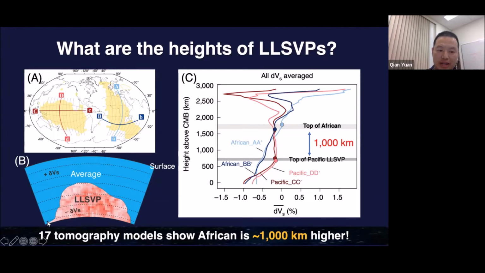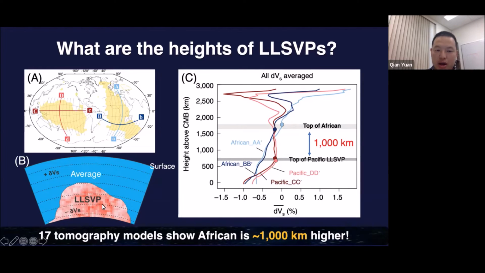So if you simply take the average horizontal shear wave anomalies from the bottom to the top, you will expect a gradual transition because it's denser. At the bottom, the average will be the smallest, as we can see here.